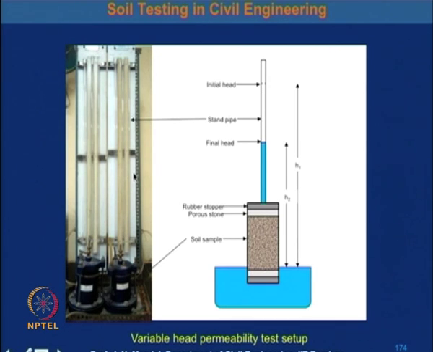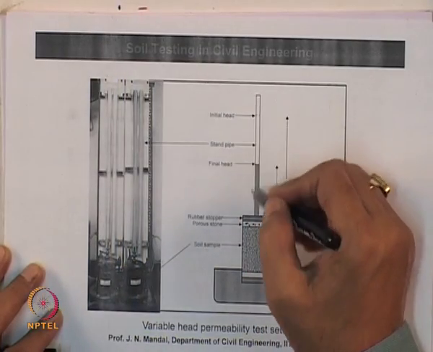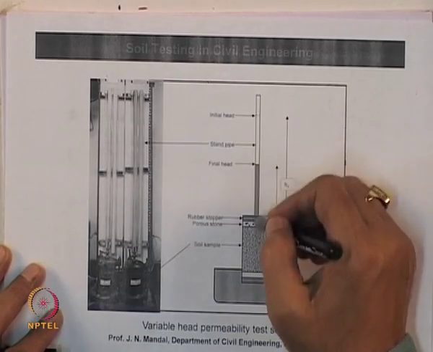Okay, so here I am just showing the soil sample for the variable head permeability test, and this is the porous stone, this is the rubber stopper, and this is the standpipe.